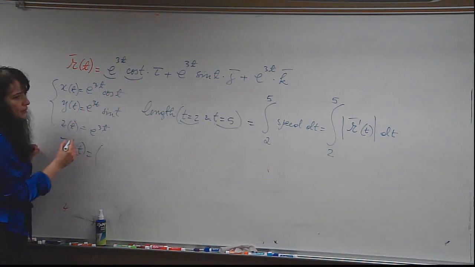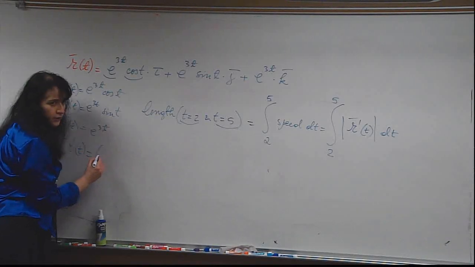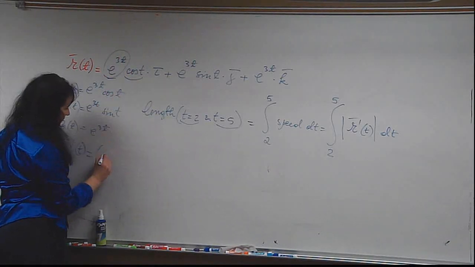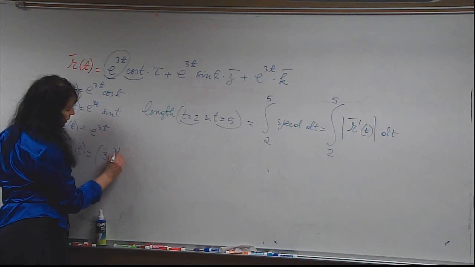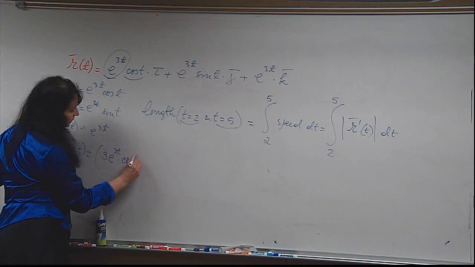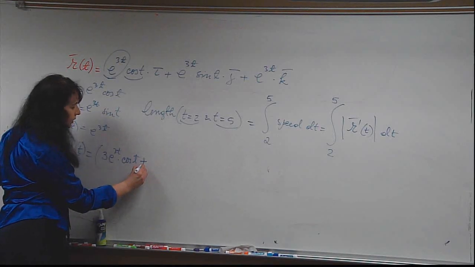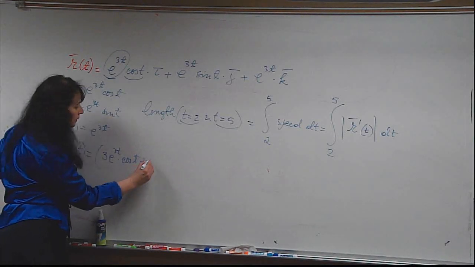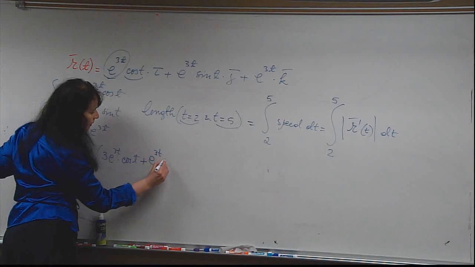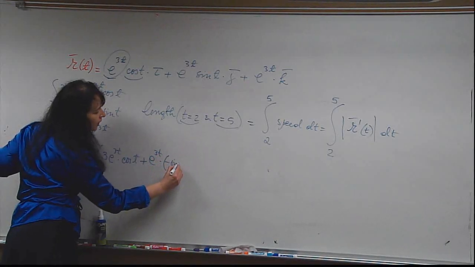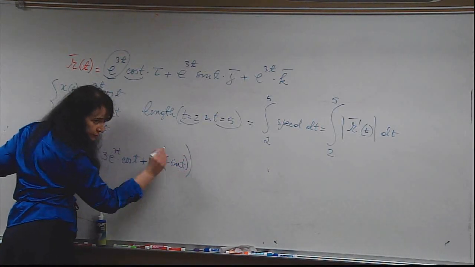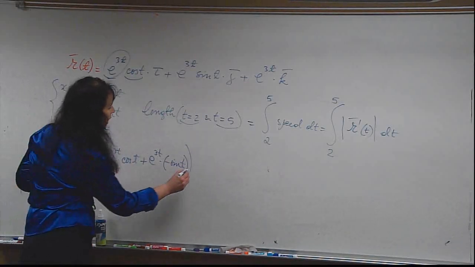Chain rule, product rule. So I have first prime 3 e to the 3t, second non-prime cosine t plus, I'm going to do that later. I know what you're thinking. You're thinking e to the 3t times minus sine t. I'm not worried about this minus now. I'll take care of that later. Times i.